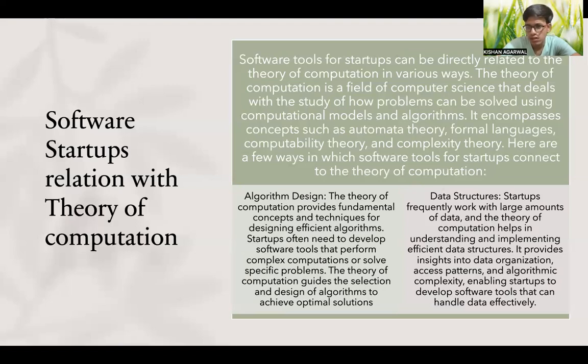Data structures. Startups frequently work with large amounts of data, and the theory of computation helps in understanding and implementing efficient data structures. It provides insights into data organization, access patterns, and algorithmic complexities, enabling startups to develop software tools that can handle data effectively.